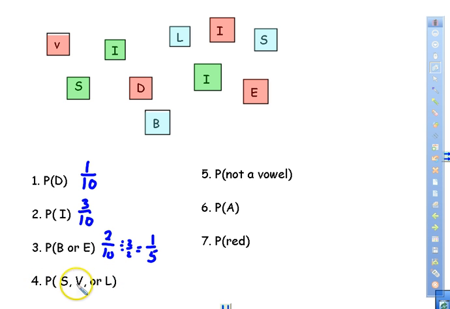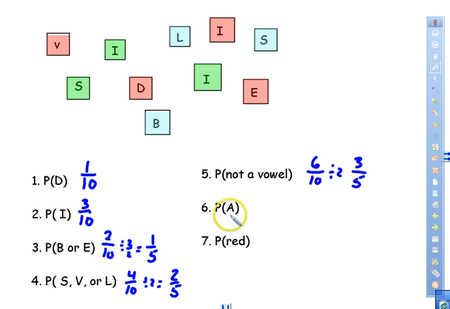Probability of an S, V, or L. So S, V, or an L. So I have 1, 2, 3, 4. 4 out of a possible 10, which I can divide by 2 to get 2/5. Probability of drawing a tile that is not a vowel. So that would be V, S, D, B, L, S. So 1, 2, 3, 4, 5, 6. 6 out of a possible 10, which again divide by 2, and I get 3/5.